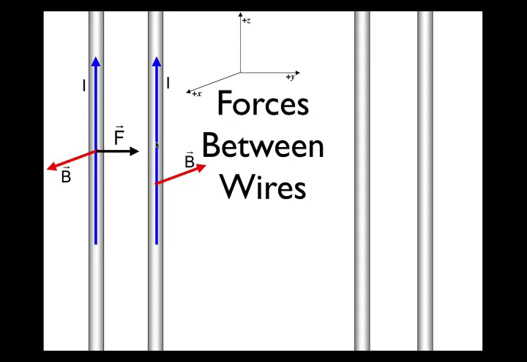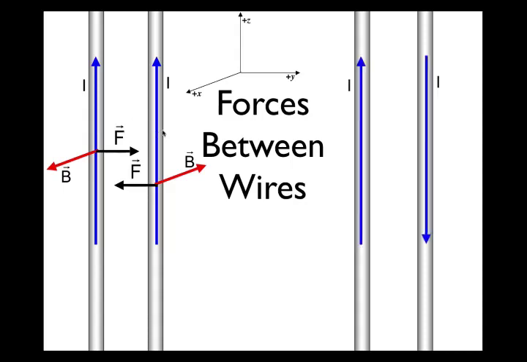You curl those fingers so that they are pointing into the screen, or in the negative x direction, and you'll note that the thumb on your right hand is now pointing to the left, which is the direction of the force that the right-hand wire experiences due to the magnetic field created by the left-hand wire.